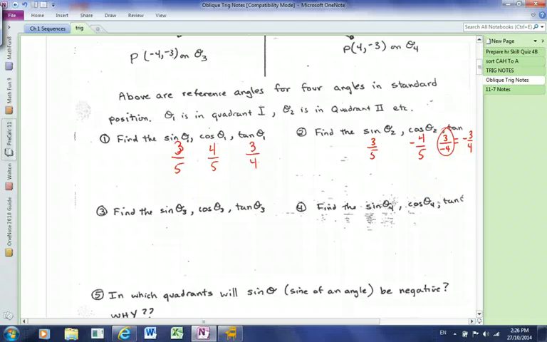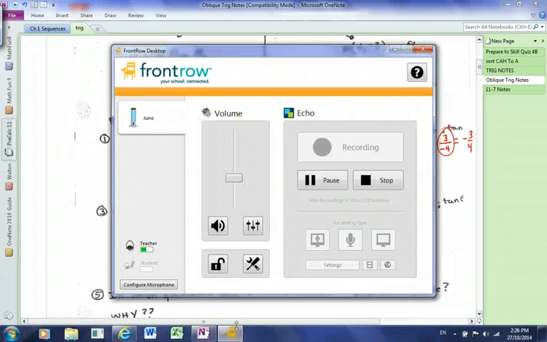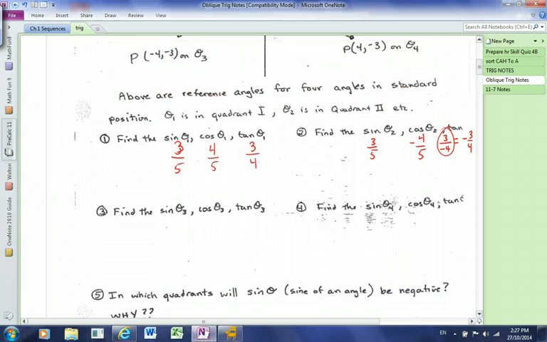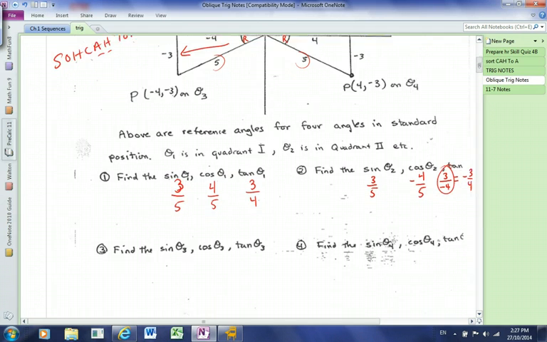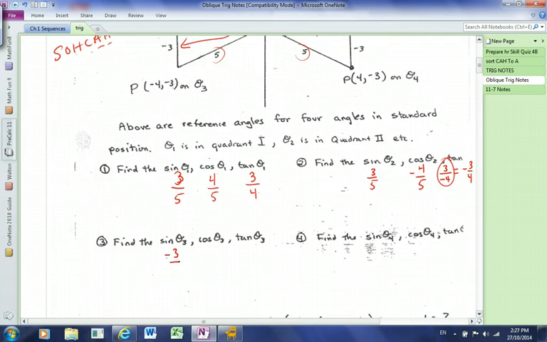Okay, let's do the third quadrant and the fourth quadrant. Okay, the third quadrant, the sine this time is negative 3 over 5. By the way, notice that hypotenuse is always positive 5, right? So it's negative 3 over 5. The cosine is still negative 4 over 5.